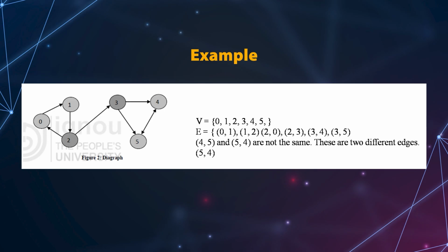Similarly, edges from 2 to 3, 3 to 5, and then 4 to 5 and 5 to 4. 4 to 5 and 5 to 4 are not the same, because there is a direction attached. Even though the direction goes both ways, you will not consider them the same; these are 2 different edges.